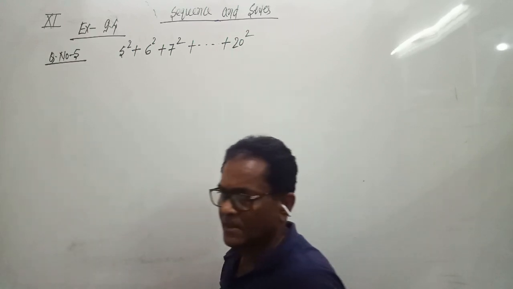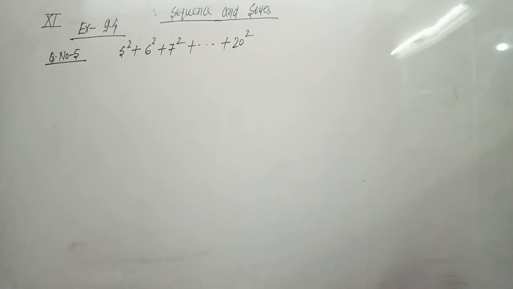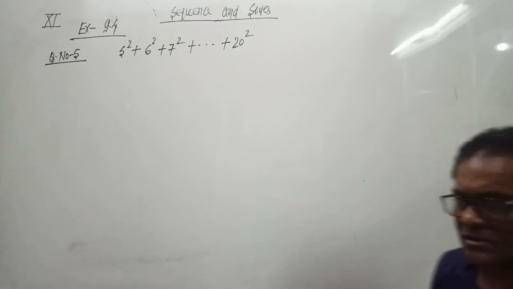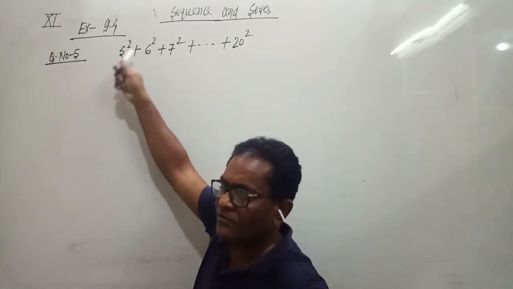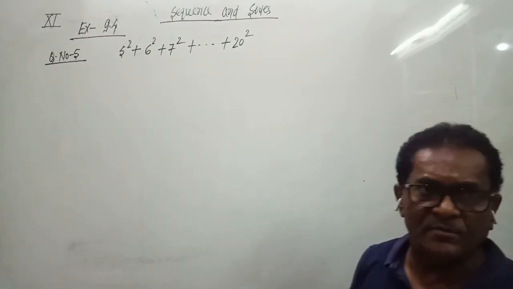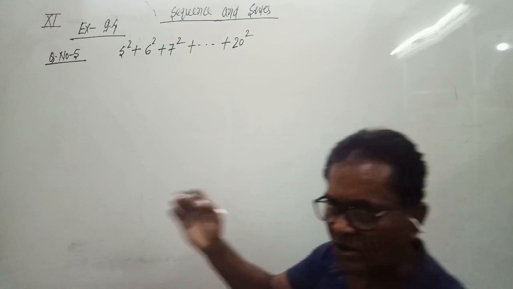So the given series is not in AP, and also it is not in GP, but it starts from 5 square, and the formula which we have is for the first 10 terms or first 20 terms.